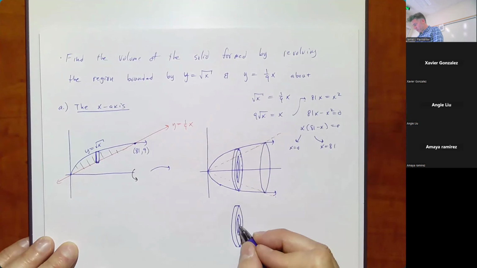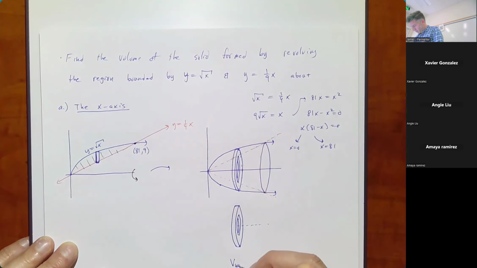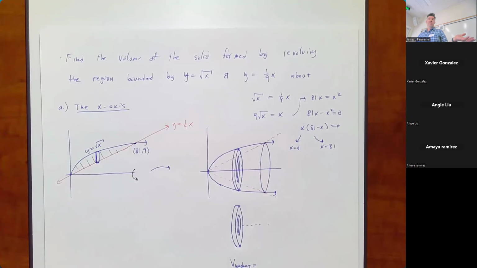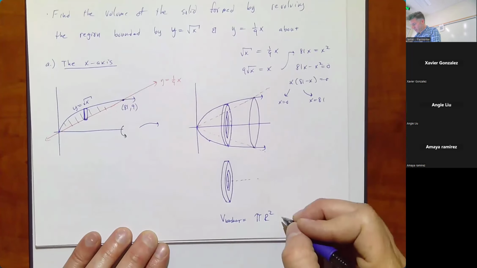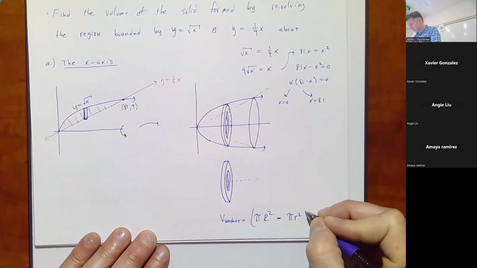So this washer, which is centered on my x-axis, right? The volume of my washer is going to be the area, which is the big circle minus the little circle, times the thickness, which is still a small change in x. So it's going to be your big circle, which has an area of pi times your big radius squared, which we'll write down, minus your area of a little circle, which is pi times your little radius squared, all times your thickness.